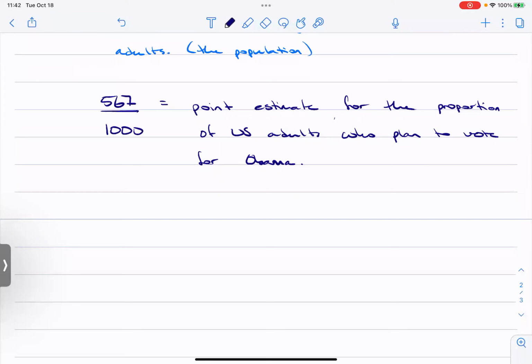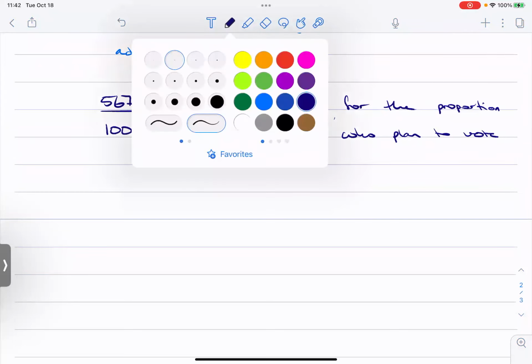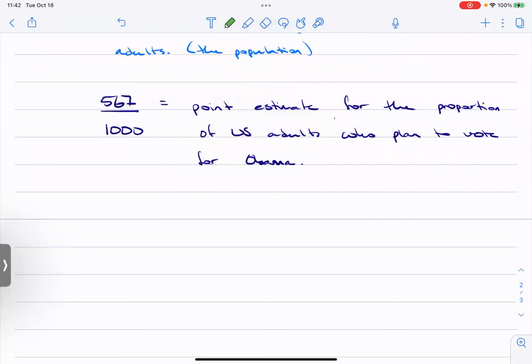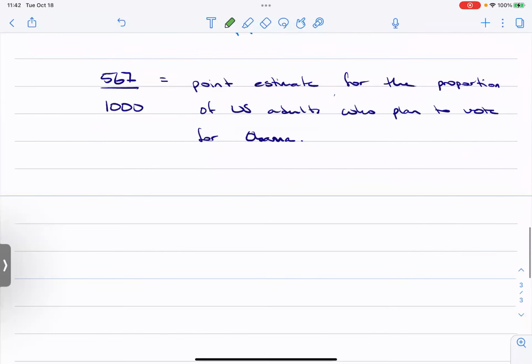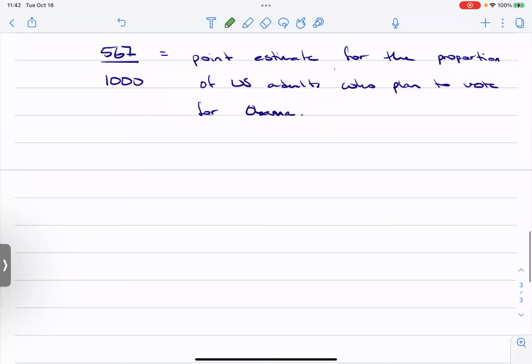And so now what we're going to say is, do I have enough room to say it here? I'll put it on a fresh page. The point estimate for a proportion, so a single proportion, is denoted by a p-hat.